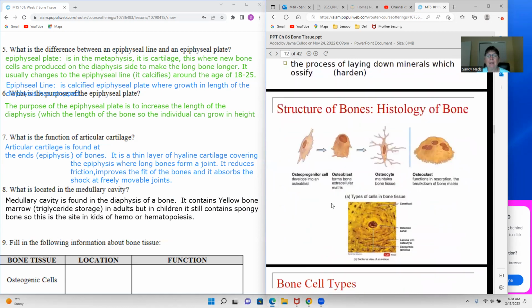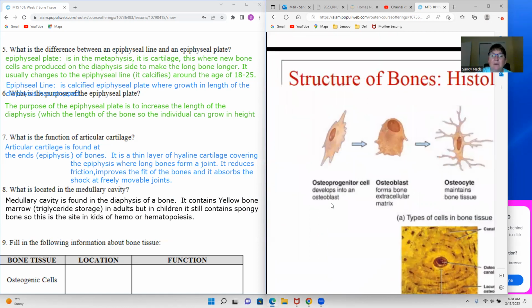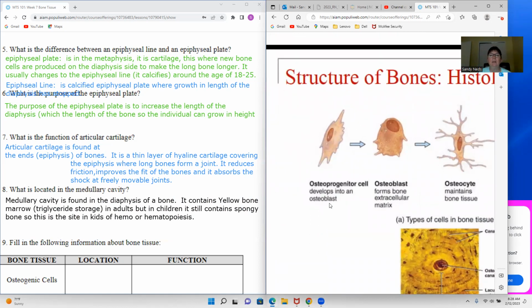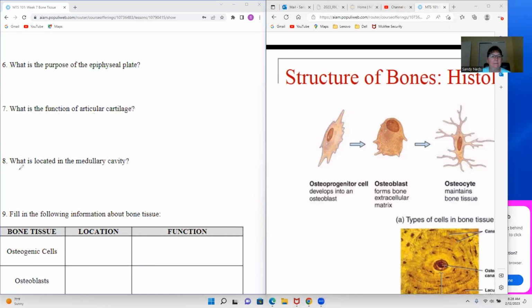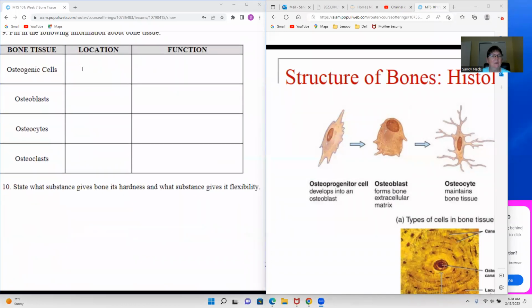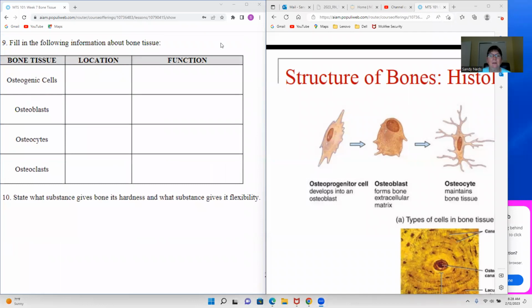So let's talk about the histology of bone. So we're going to start with the osteoprogenitor cell. And some people will call that osteogenic cell. So let me clear our slide. Let me move our slide up so that we can get to the typing in it.